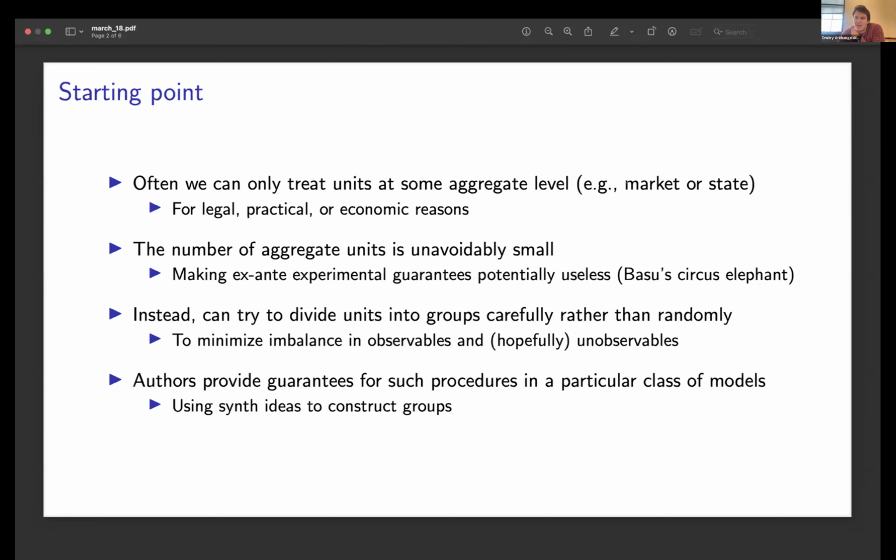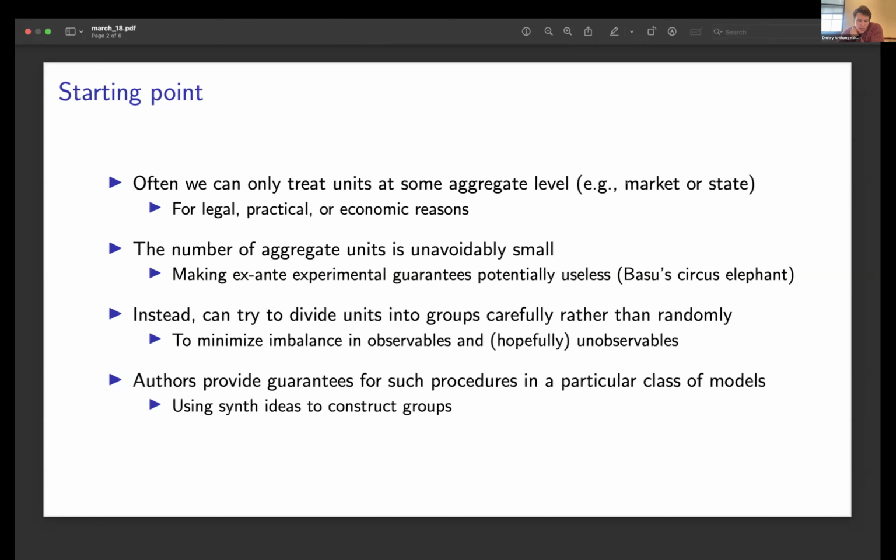Okay, so my favorite example, actually from the survey sampling literature, is from Basu, who has an essay on how you weigh an elephant in a circus, and it's very much about that. So if you don't know that, I suggest you read it. But clearly, once you are there, you would want to split units into groups carefully rather than randomly, okay?